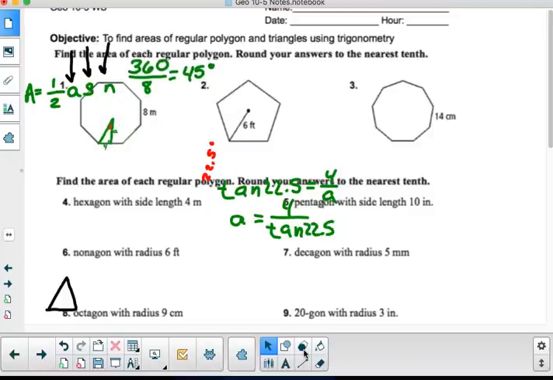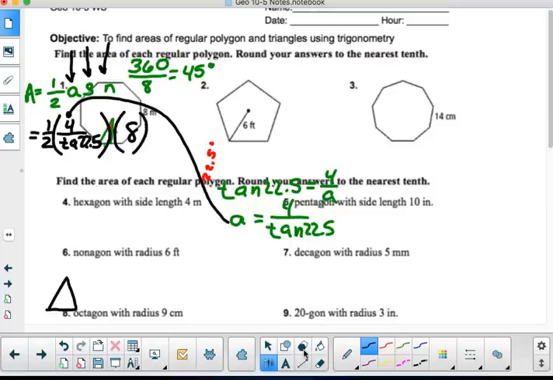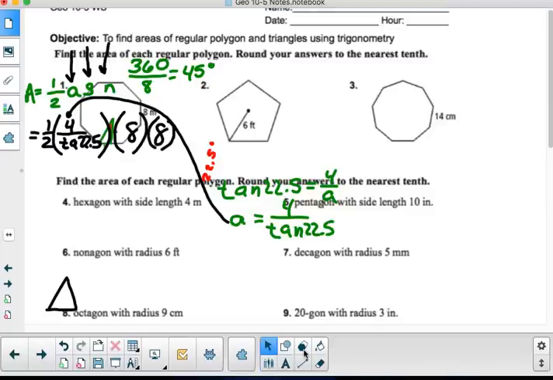Now I found 1/2. I knew my apothem, and it is 4 divided by the tangent of 22.5. That's one of my values. I also know that my S, my side length, is 8 meters, and the number of sides is 8. So those are all 3 of my numbers I'm going to put together.